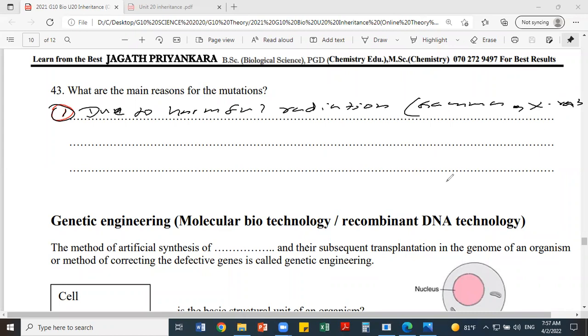That's why, have you all seen the X-ray room in the hospital? They don't allow the visitors to stay inside the X-ray room. Only the patient they take in. Even around the X-ray room, they put the radiation symbol.